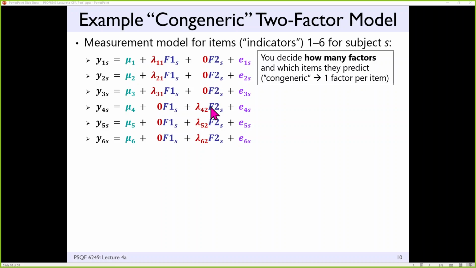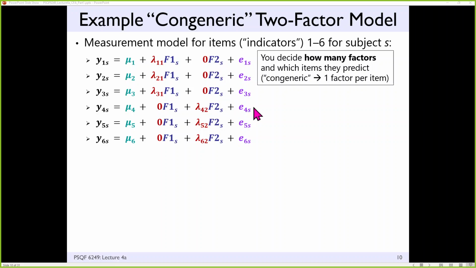You are making a statement that F2 does not predict these y's, and F1 does not predict these y's. So this is entirely under your control. If you wanted to say that y1 was a function of F1 and F2, you could do that. It's called a cross-loading if you have an extra loading besides the one that's primary, and that is also something that you can test whether that's needed.